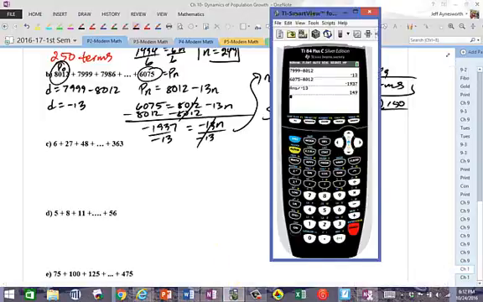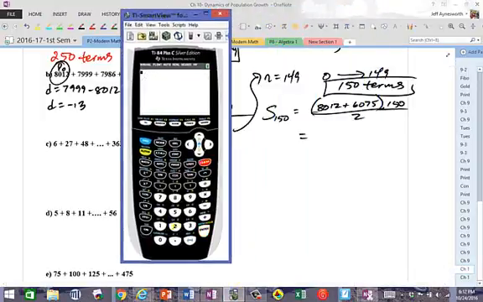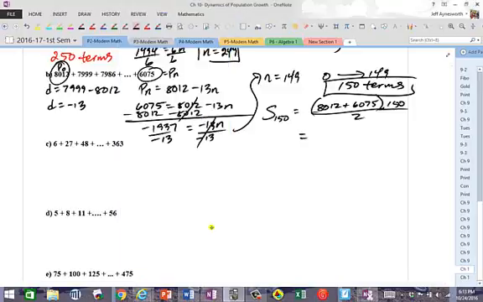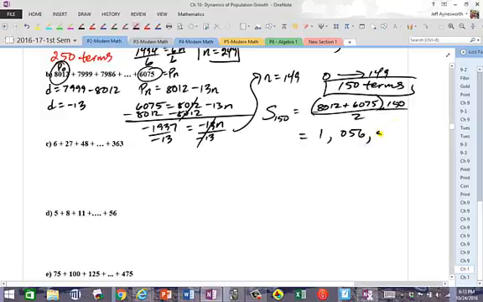So let's enter it in. 8,012 plus 6,075, hit equals, multiply it by 150 and divide it by 2. And it is a big number. It's 1,056,525.